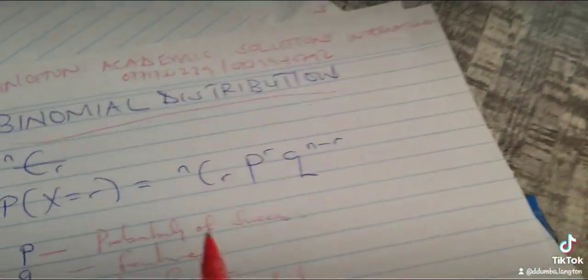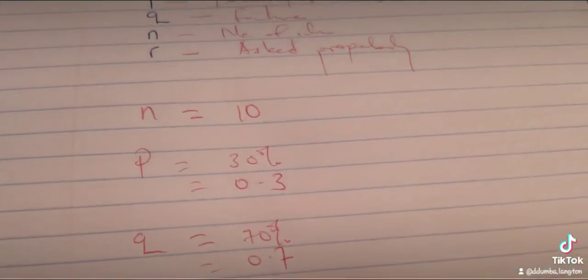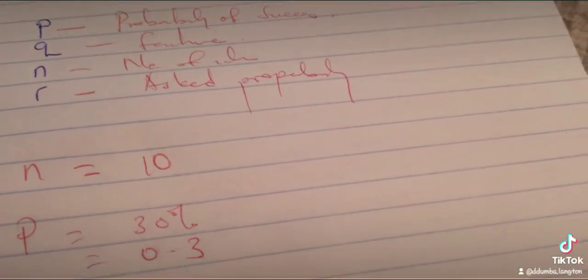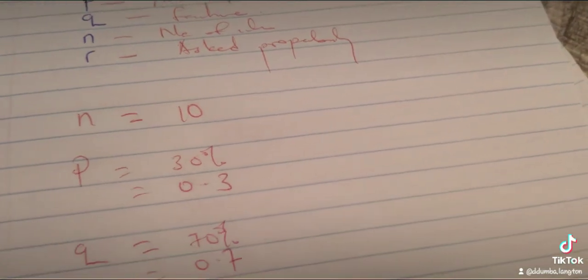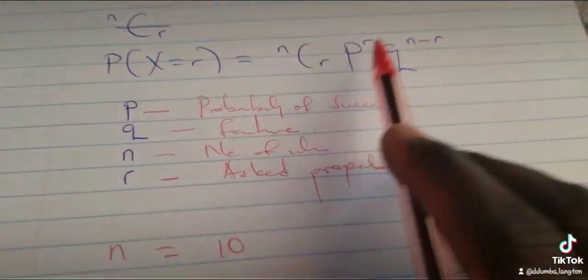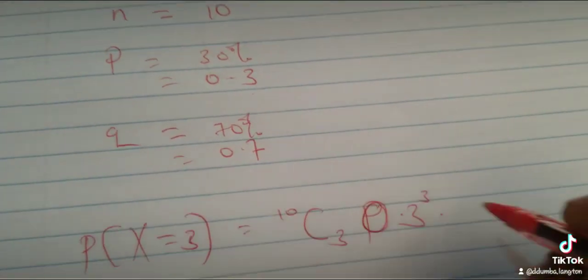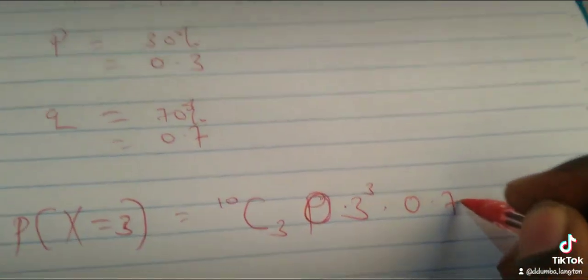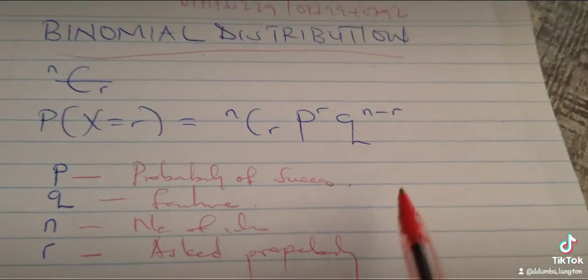So from our formula nCr, whereby our n is 10, it's going to be 10 combination our r, which is 3, times p, which is 0.3, to power r, which is 3, times 0.7 to power n minus r.